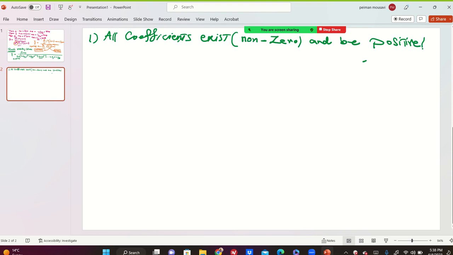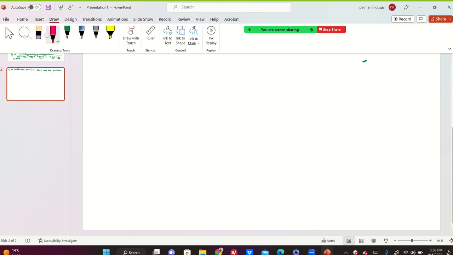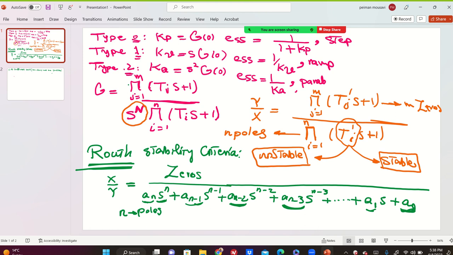This is the first condition. If your system is going to be stable, it means that a_n, a_(n-1), a_(n-2), and so on, they all must exist. You cannot have a_1 be 0. You cannot have a_0 be 0. You cannot have a_(n-2) be 0. And all of them must be positive.